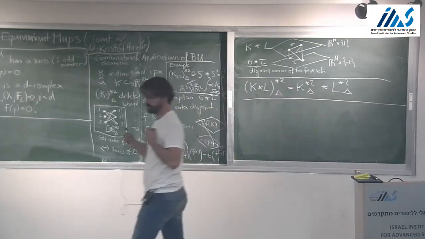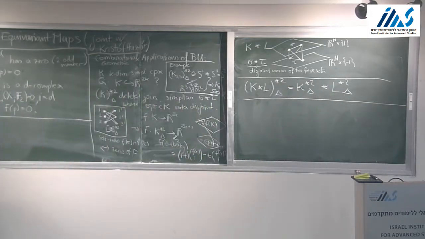Yes. I just have a small question. Usually people don't look at the deleted join when they study this classically, they usually take the deleted product. Right. But then they're looking at maps to S to the 2K minus 1, equivariant maps. Is there any more or any less information? The deleted product obstruction gives more information.